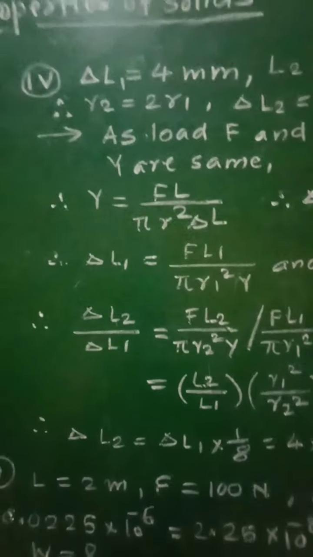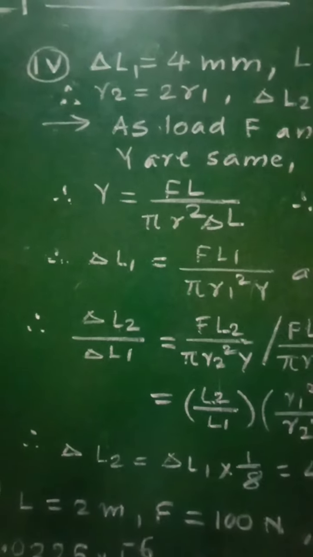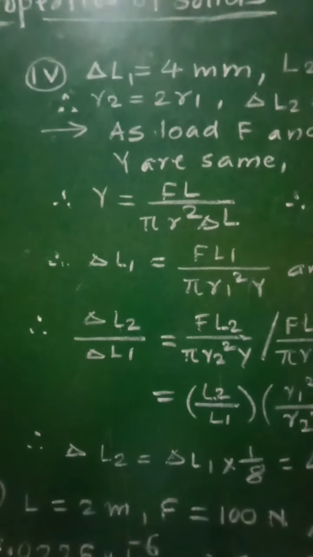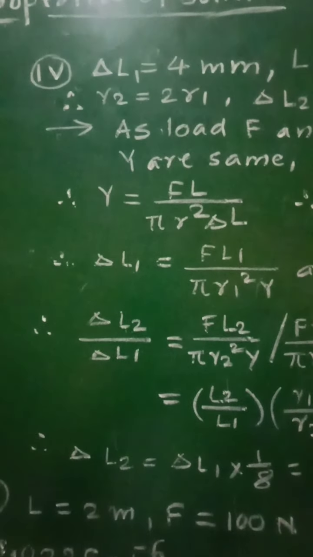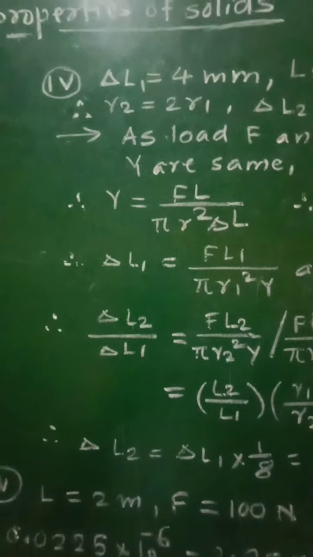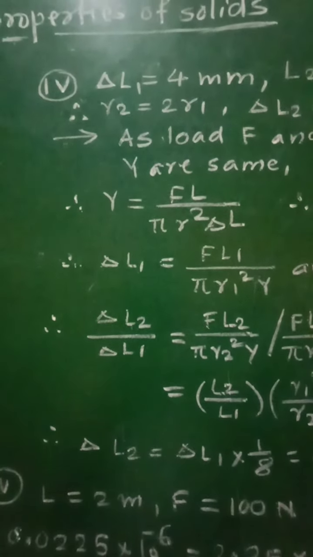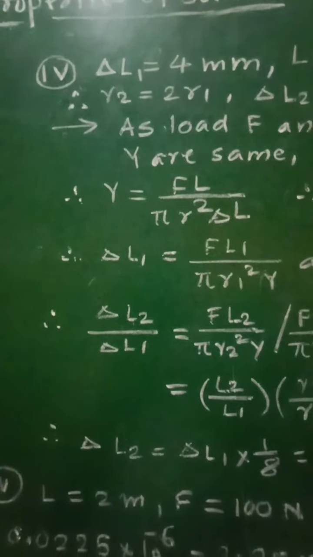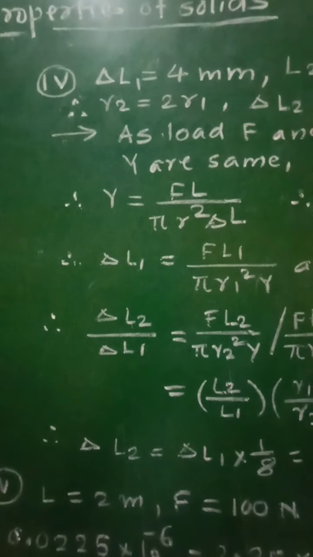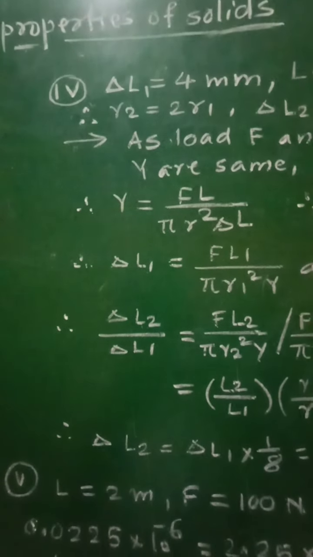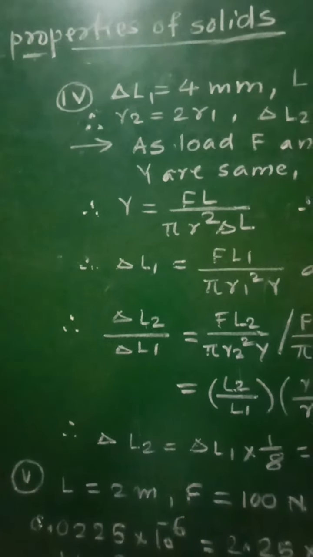Then we will go for numerical number 4, which is given as: a wire gets stretched by 4 mm due to a certain load. If the same load is applied to a wire of the same material with half the length and double the diameter of the first wire, then what will be the change in its length?